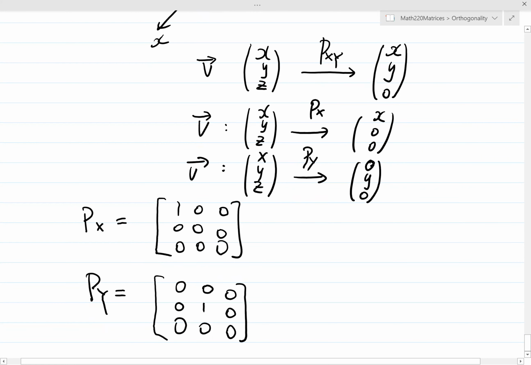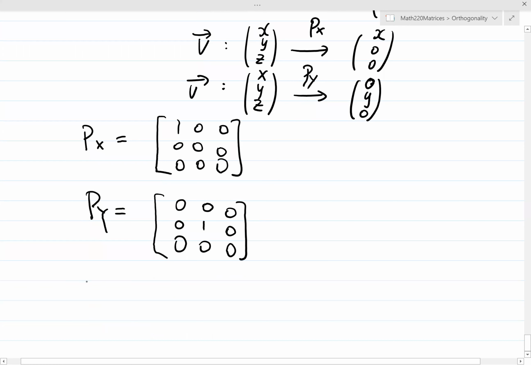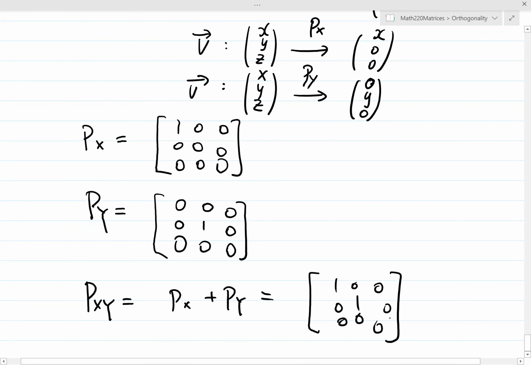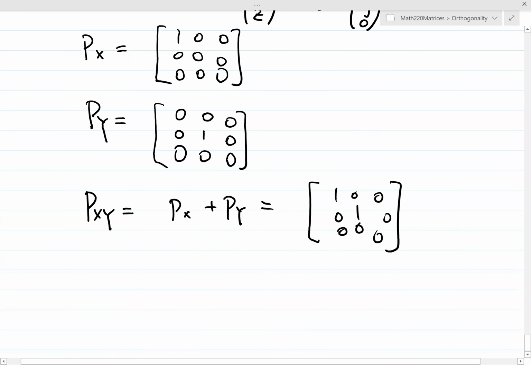Now the projection on XY will be PXY, which is PX plus PY. So this will be 1, 1, 0 on the diagonal, and all others are 0. So this is a trivial example.